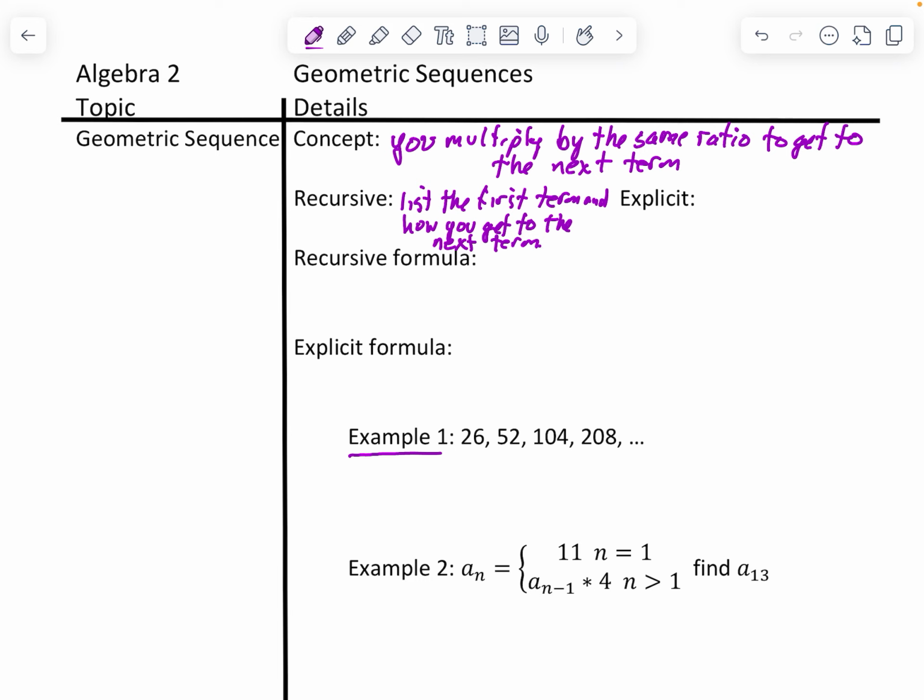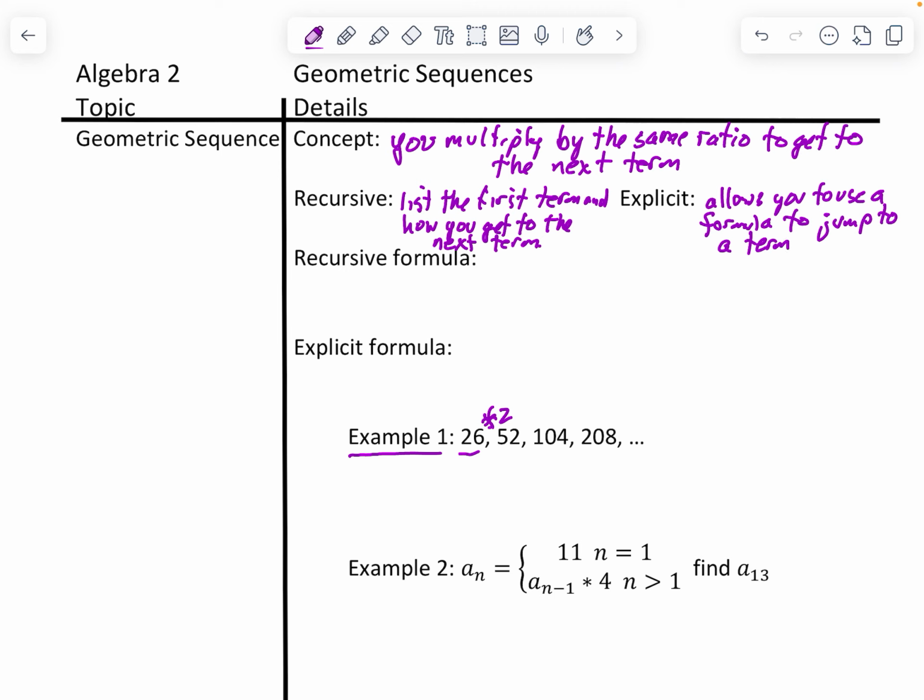So down here, notice that we define 26 as our first term, and then we multiply by 2 to get to the next term. Now, explicit formula, instead of always going through a full list to get to the next term, how do you jump to a term? This allows you to use a formula to jump to a term, like to the 100th term or to the 1000th term.